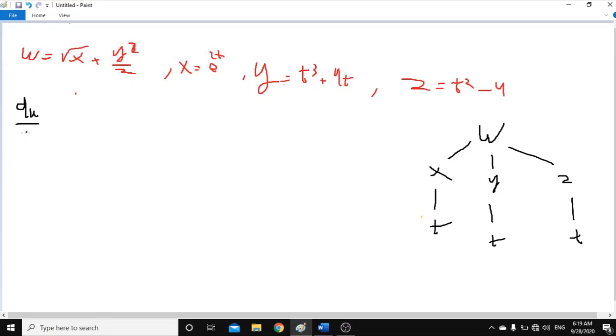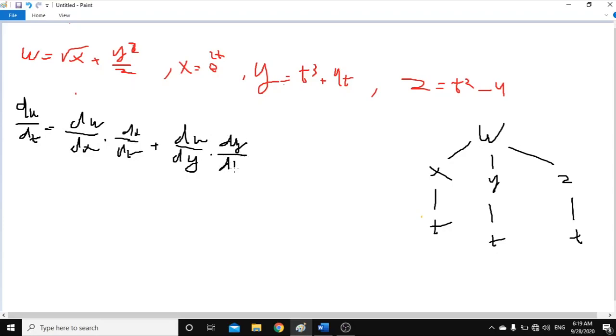We write dw over dt is equal to dw over dx times dx over dt, plus dw over dy times dy over dt, plus also dw over dz times dz over dt.